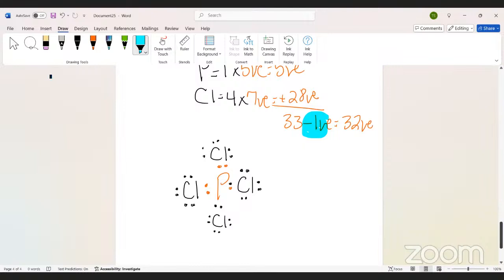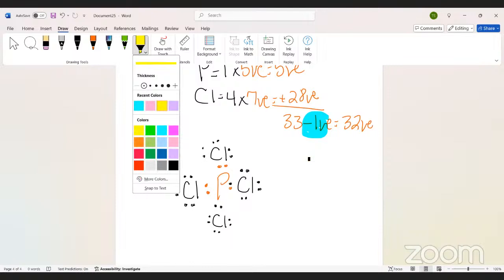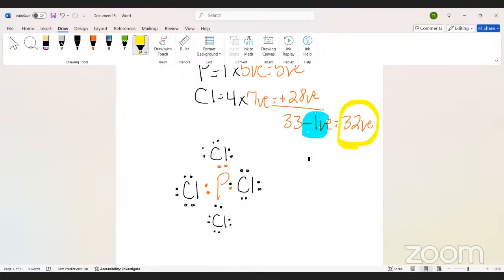Okay? Now, because of space, I'm just going to erase those little dots. But before I erase the dots, let's make sure that all those dots that we just wrote equal 32. Let's count them to make sure. 2, 4, 6, 8, 10, 12, 14, 16, 18, 20, 22, 24, 26, 28, 30, 32.